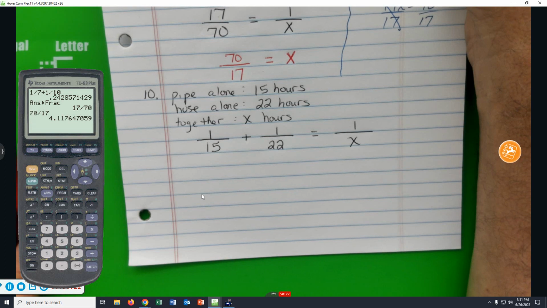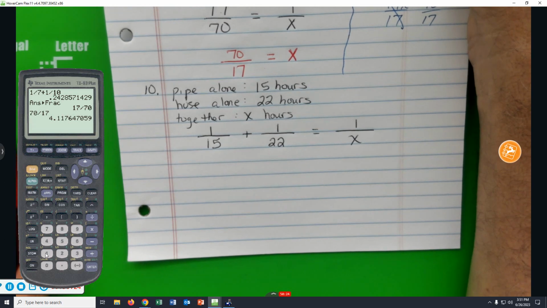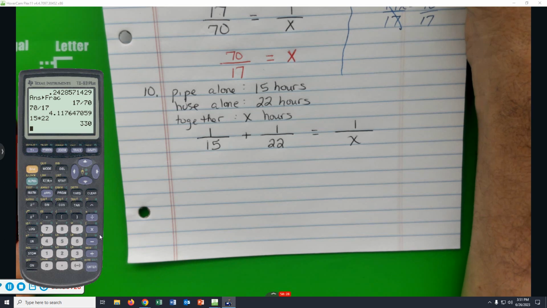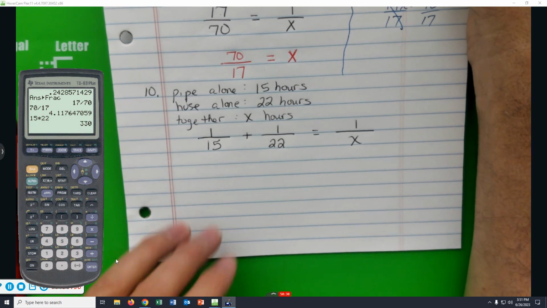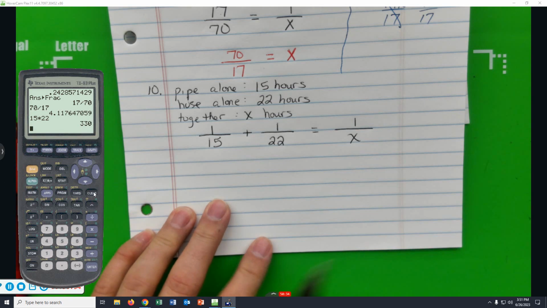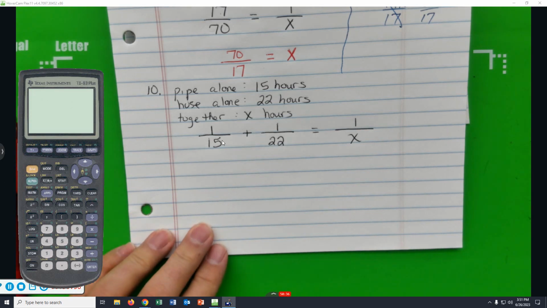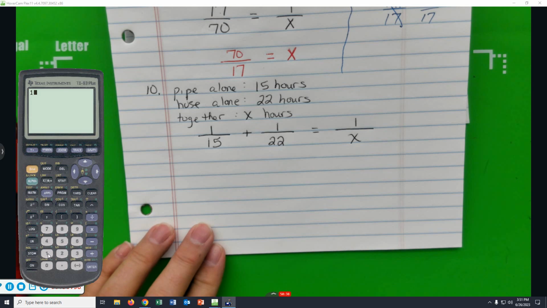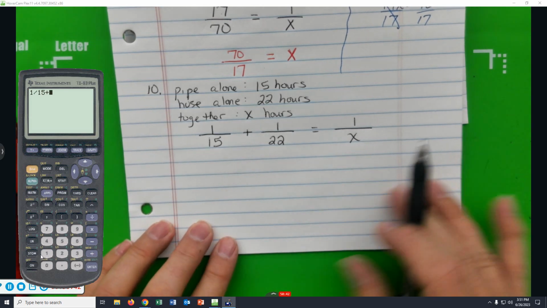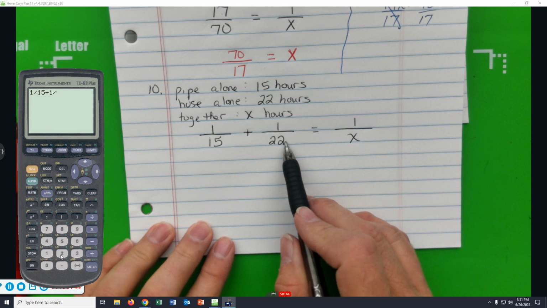Probably 15 times 22, so 330x. The least common denominator would be 330x, but I think I'm going to do it the way we did earlier. Let's say 1 divided by 15 plus 1 divided by 22.